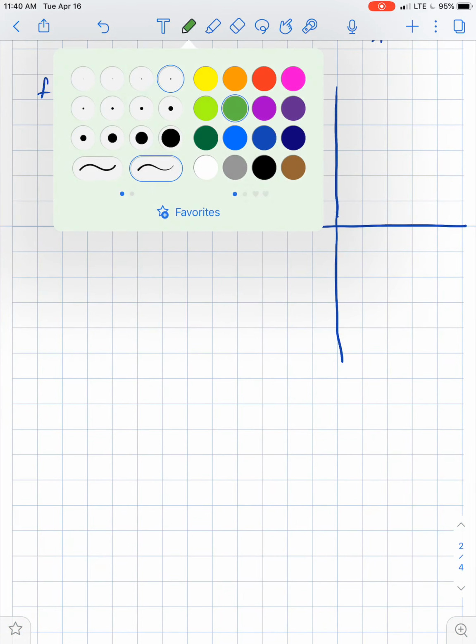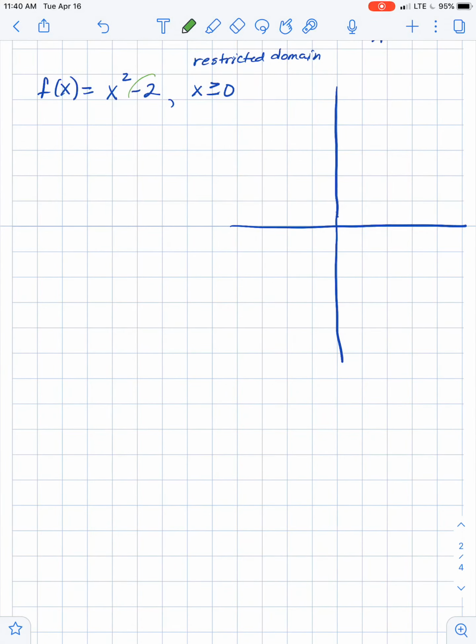And so hopefully you remember that I'm going to take my parabola and move it down 2. Okay. And if you need a bunch of points, I could put in a 2. And a 2 is going to give me 0.